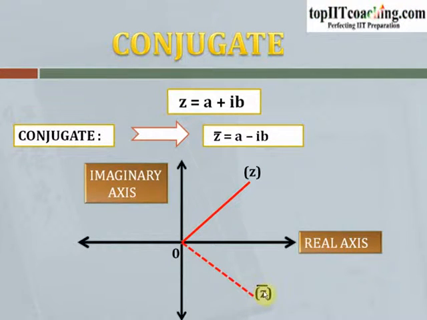Thus this becomes the conjugate of z. We can clearly see that z bar, or the conjugate of z, is symmetrical about the real axis. Thus if we have any complex number z equal to a plus ib, then its conjugate would be a minus ib, and this conjugate would be the reflection of the complex number about the real axis.